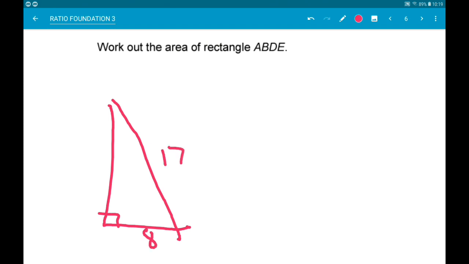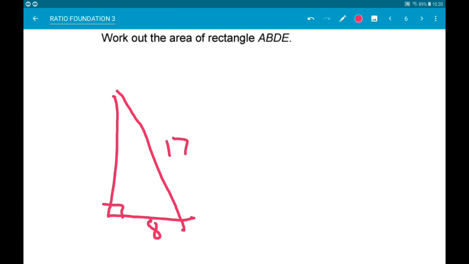So, if we call the sides a, b and c, Pythagoras tells us a squared add b squared is c squared. Now, we're wanting to find a, so we need to rearrange a bit.